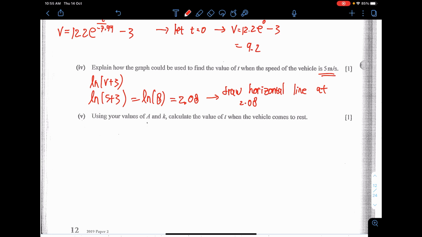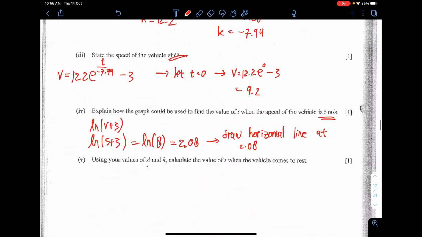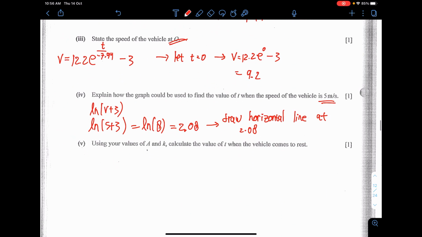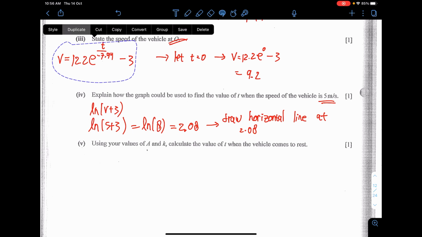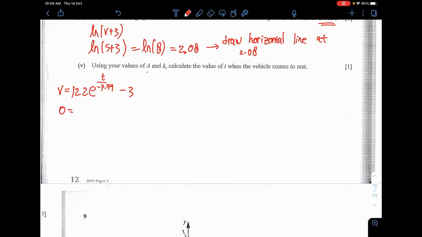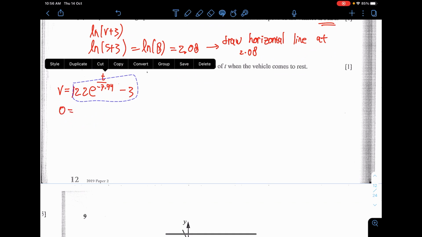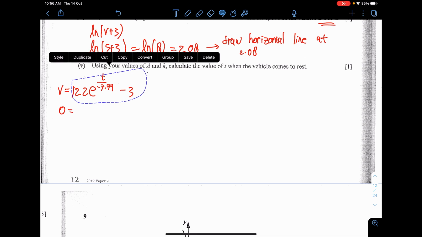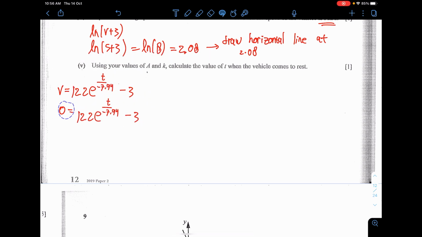Using your values of a and k, calculate the value of t when the vehicle comes to rest. Okay, the equation that we got just now is this one here. Comes to rest, meaning to say the velocity must be 0. So I just need to solve this, move the 3 over, divide by 12.2.